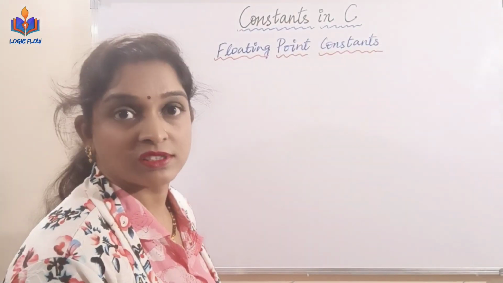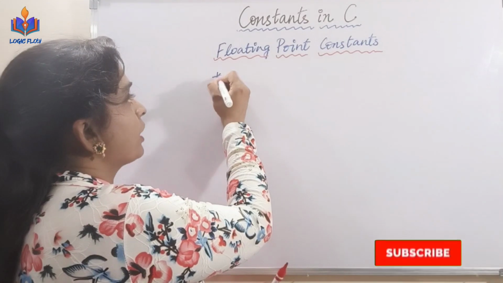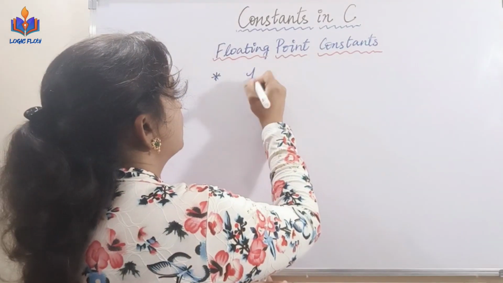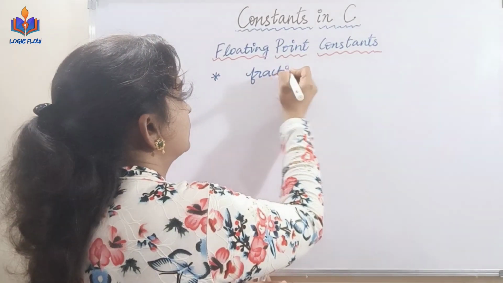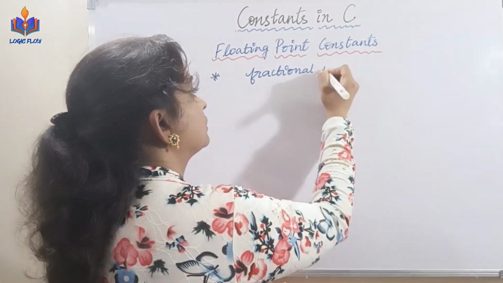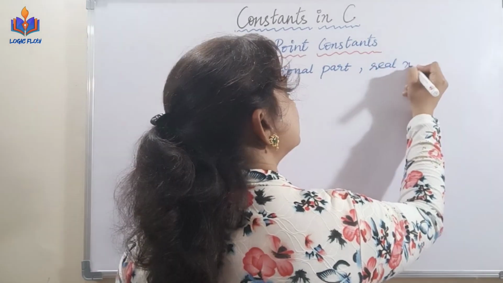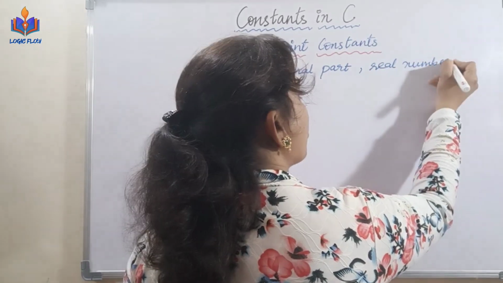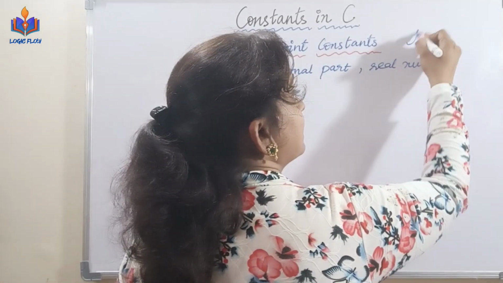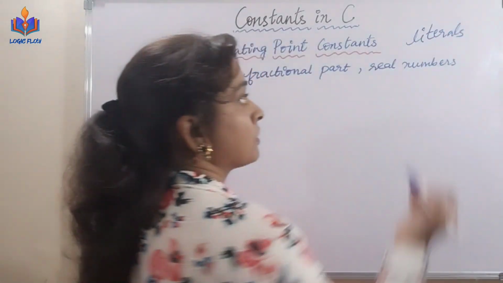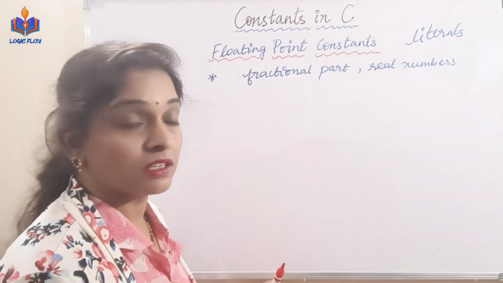Floating point constants. Floating point constants represent numbers with a fractional part. They are real numbers. We also call these constants or literals.